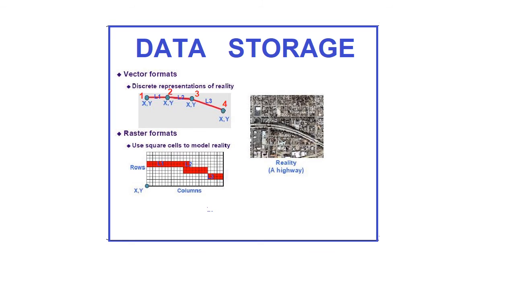These are all discrete elements, and the vector format will show them in this way. And you can see on your right side the road is going.